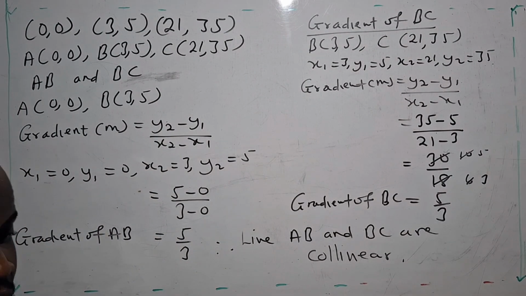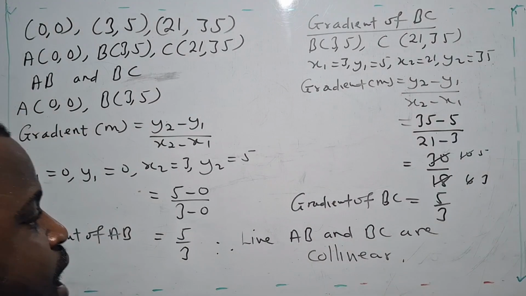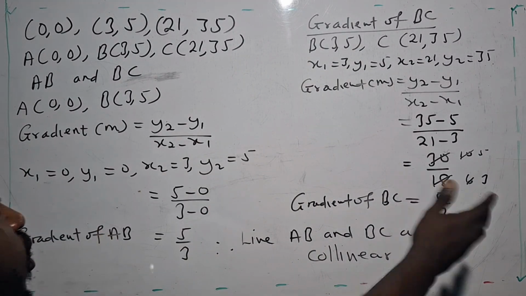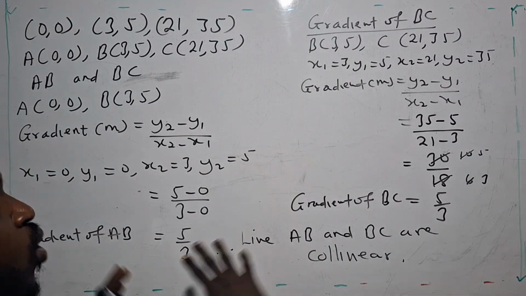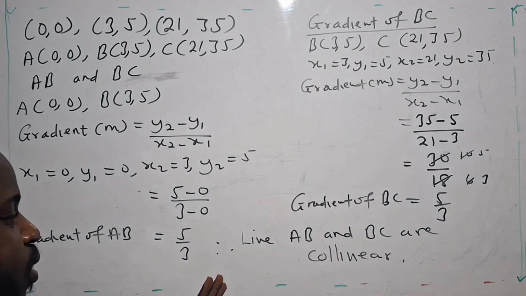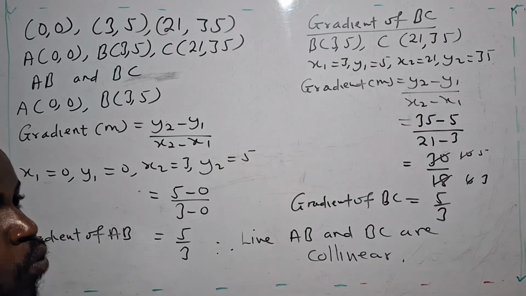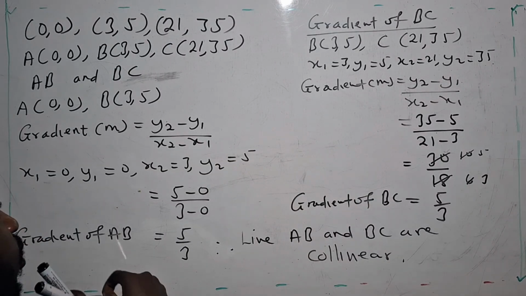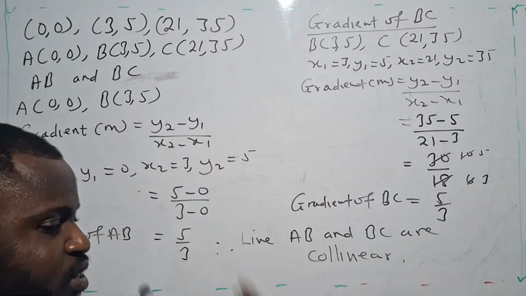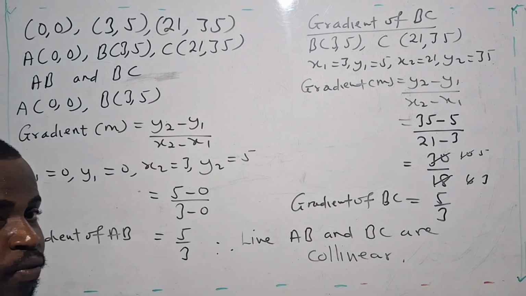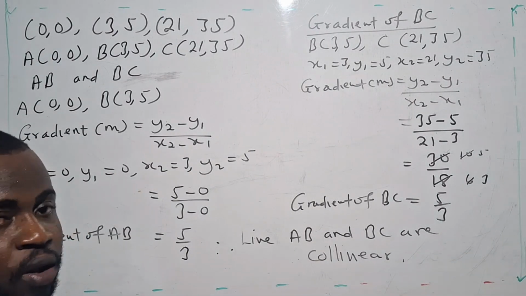You can say that points ABC are collinear. Assuming we got different gradients, then we conclude by saying lines AB and BC are not collinear. So points are collinear when they are on the same line and they have the same gradient. Simply, this is how we determine if given points are collinear.